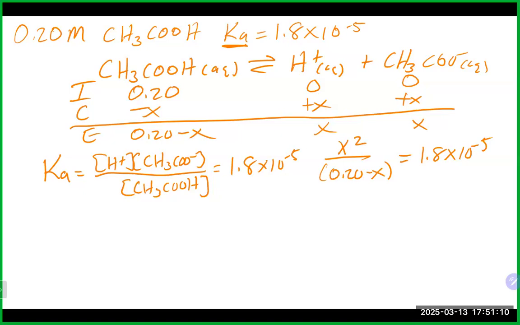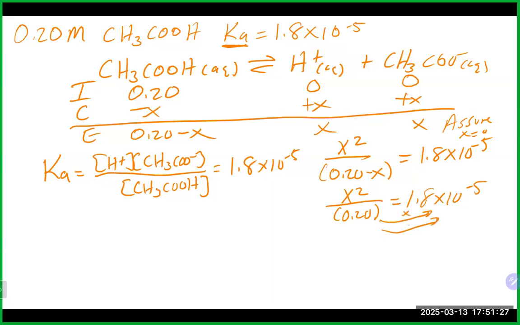That is a small value of K, so why not assume x is approximately 0. That gets us x squared divided by 0.2 equals 1.8 times 10 to the minus 5. We multiply, and then afterwards, a little square root. We take 0.2 times 1.8 times 10 to the minus 5, a little square root, and that gets us an x value of 0.00190.